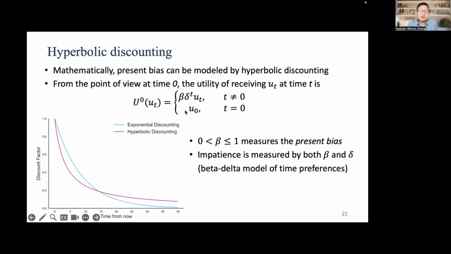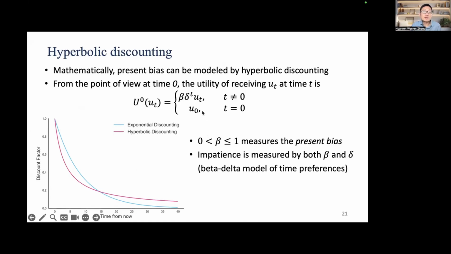So beta, which is less than or equal to 1 and greater than 0, measures present bias. Right? So if you take off beta, it's exactly the same as the discounted utility model. If beta equals 1, that means you are rational in the sense that you're time consistent. You have exponential discounting. But whenever you have beta less than 1, that means you are present biased.